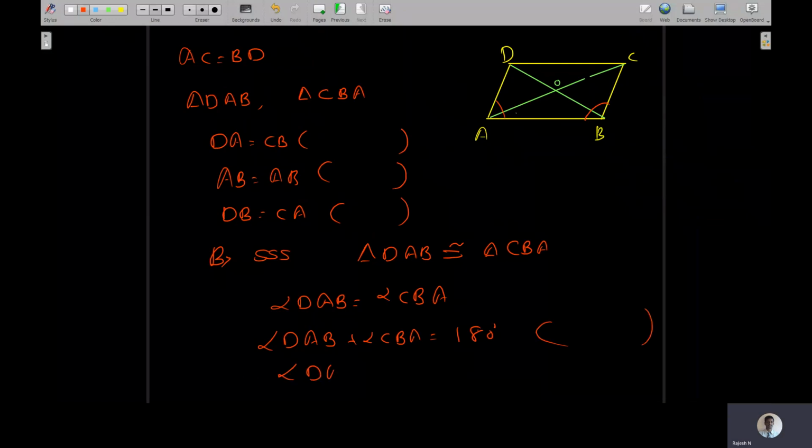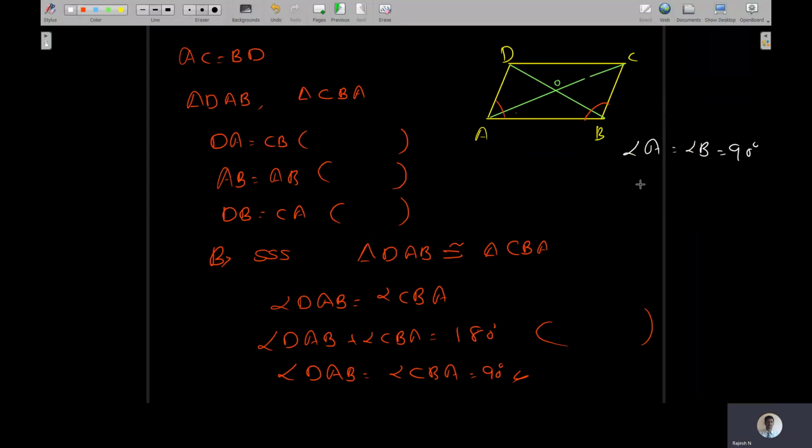So angle DAB is equal to angle CBA is equal to 90 degrees. So now we proved that angle A is equal to angle B is equal to 90 degrees.